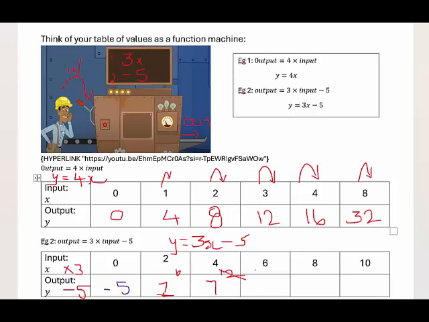So I'll just cross that out so people don't get confused. 6 times 3 is 18. That's the first step. 18 take 5 is 13. 8 times 3 is 24. 24 take 5 is 19.